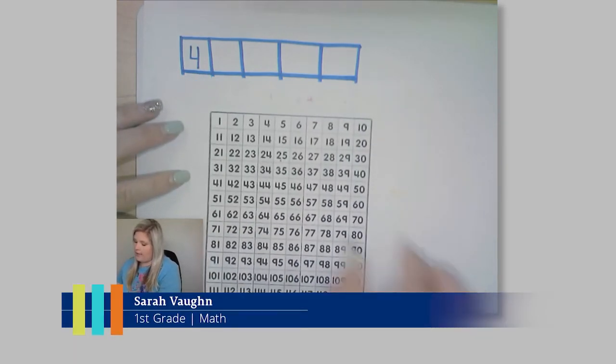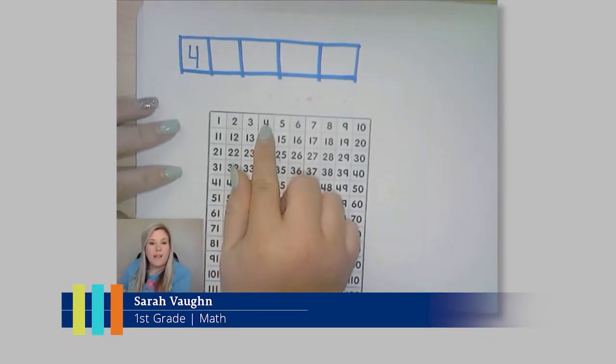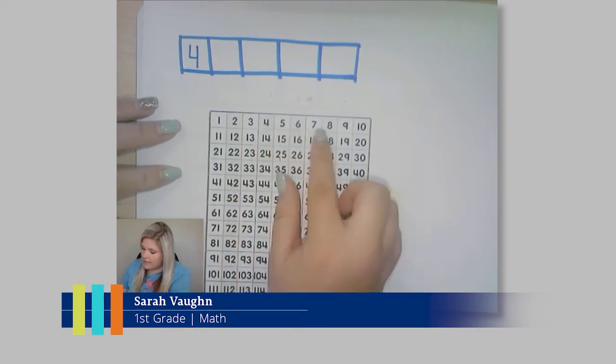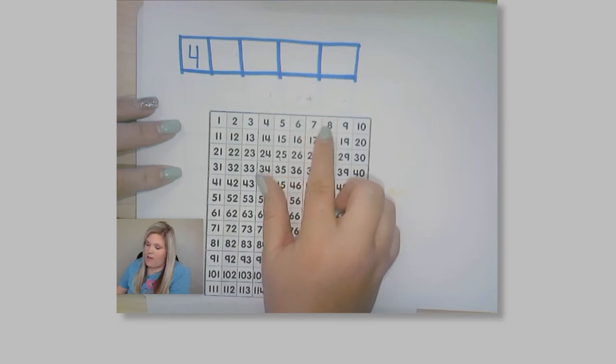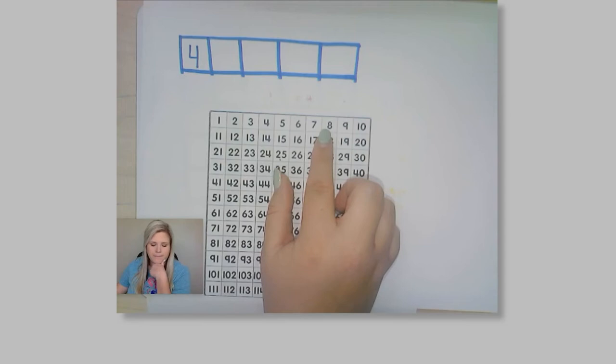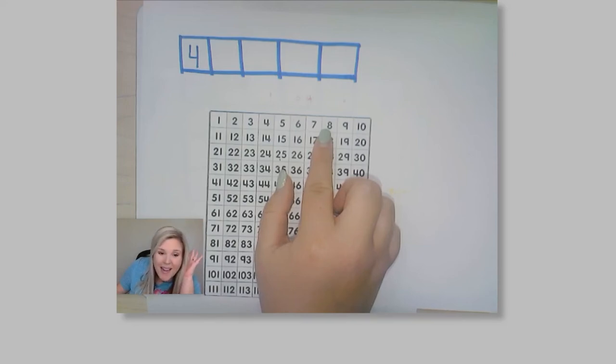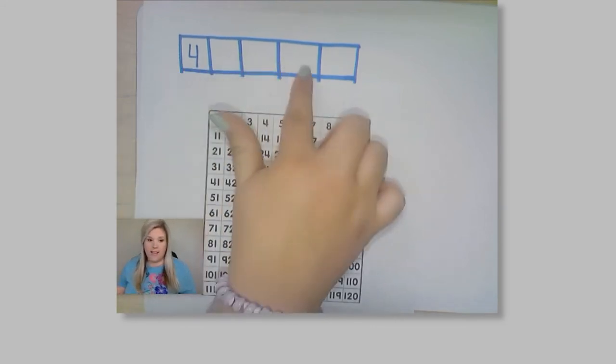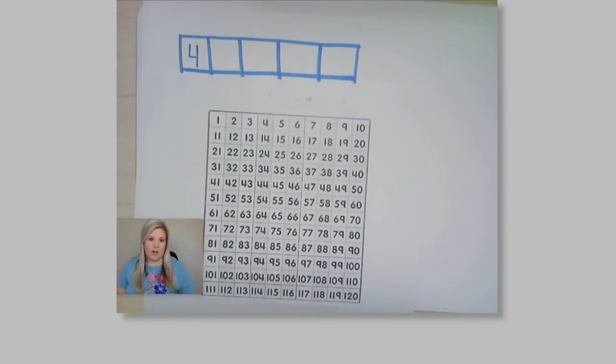So I'm going to find the number 4 and find the next 4 numbers. 4, 5, 6, 7, 8. What should I do now? Right. I need to write those 4 numbers in the first row of my chart that I created.